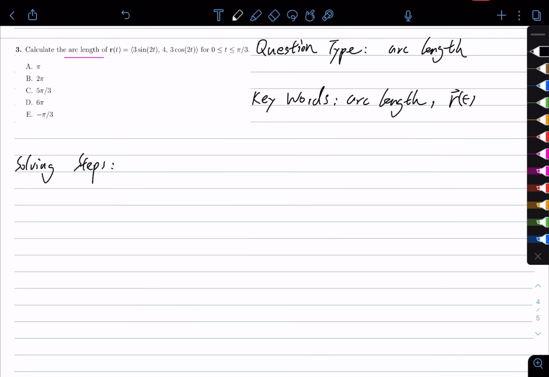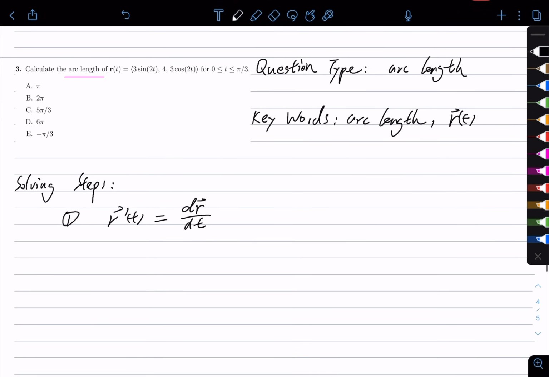Okay. So the solving steps of an arc length problem. Oh, actually, this is your chapter 14.4, length of curve chapter. So the first solving step is to find r prime of t, which equals dr/dt. Right.